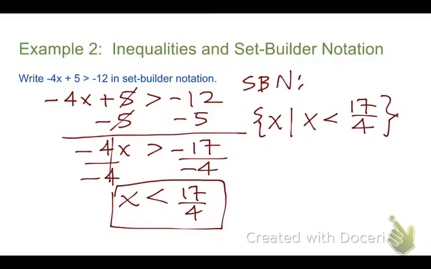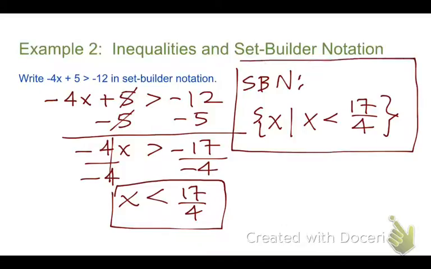And you can see, first of all, improper fractions are fine. And the other thing is, once you solve the inequality, all you have to do is place that inequality into the last part of the set builder curly braces, and you're done.